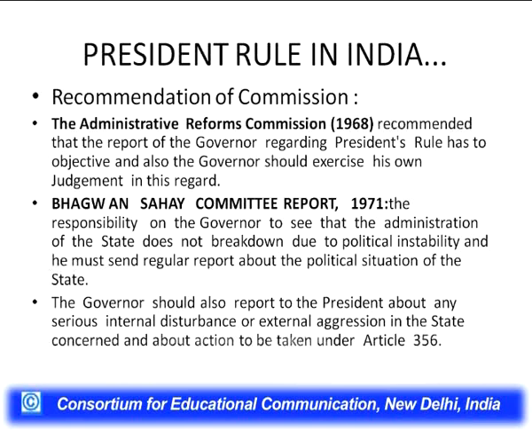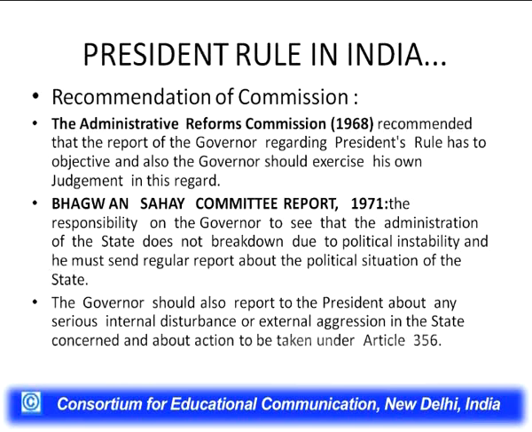The committee gave its recommendations in 1971, with a far-reaching report regarding the circumstances under which President's Rule may be imposed on a state and what needs to be done to maintain harmony in center-state relations.